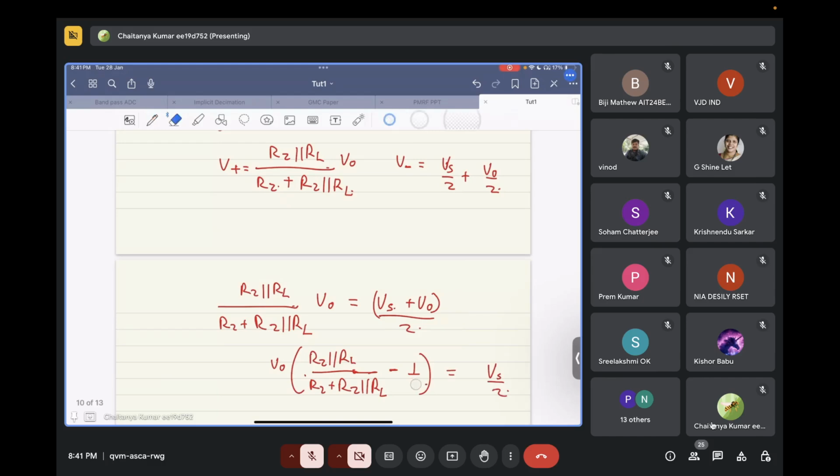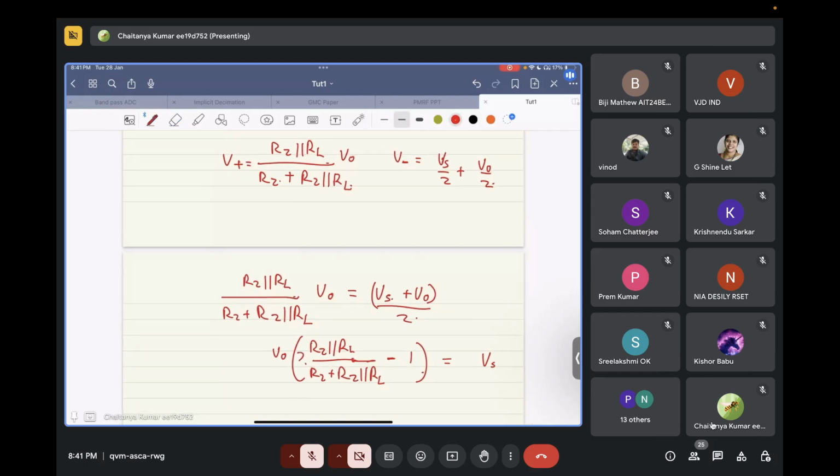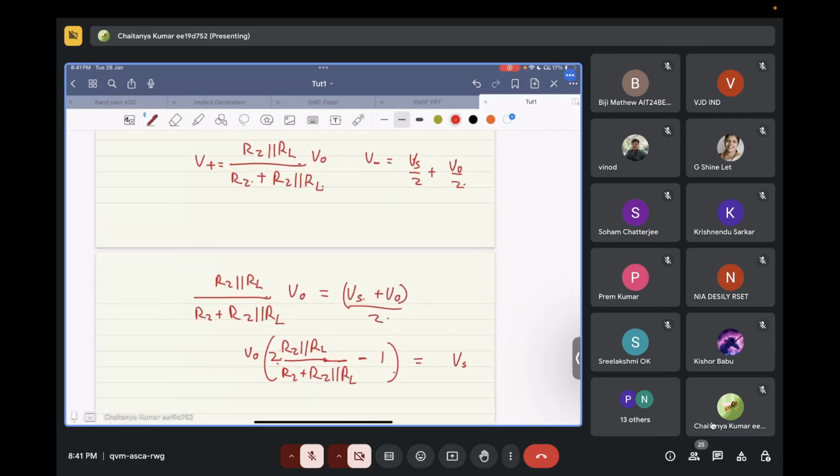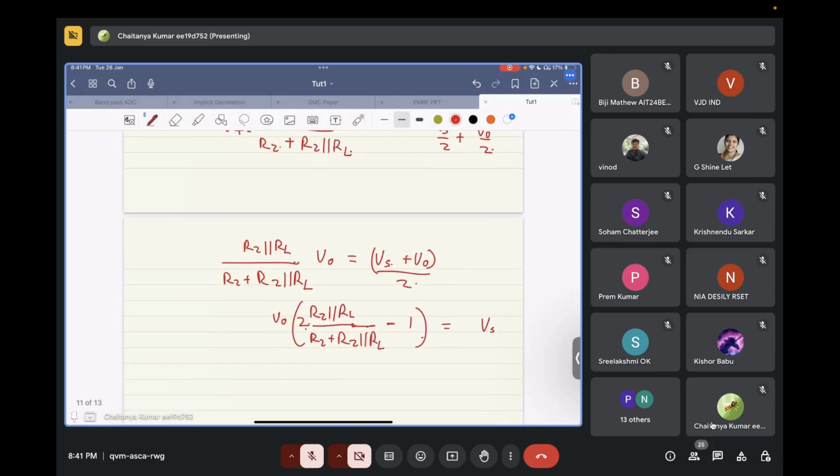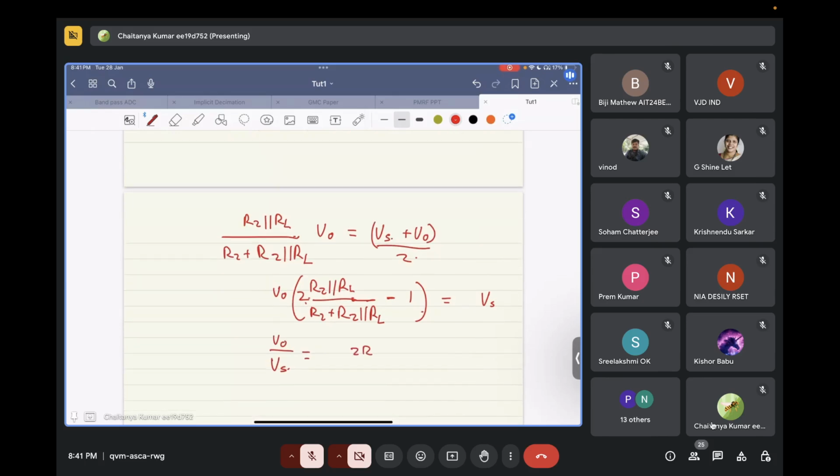So we will have Vout by Vs as (2 R2 parallel RL minus R2 minus R2 parallel RL) divided by 2 times R2 parallel RL.